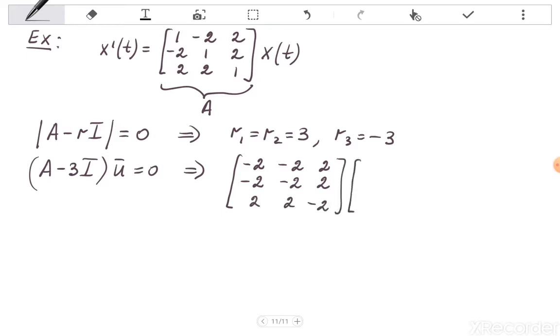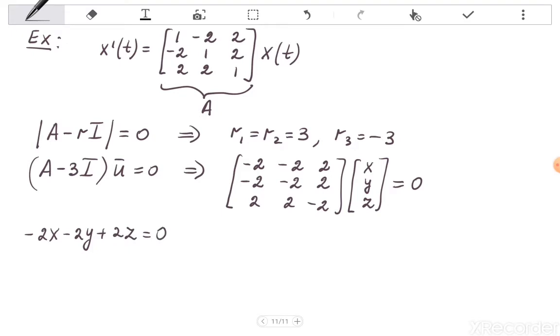Apply to vector u. Let's say vector u has coordinates x, y, z, and this must be equal to 0. And you can notice here that all 3 lines of this matrix will give us the same equation, just one equation, minus 2x minus 2y plus 2z equals 0.